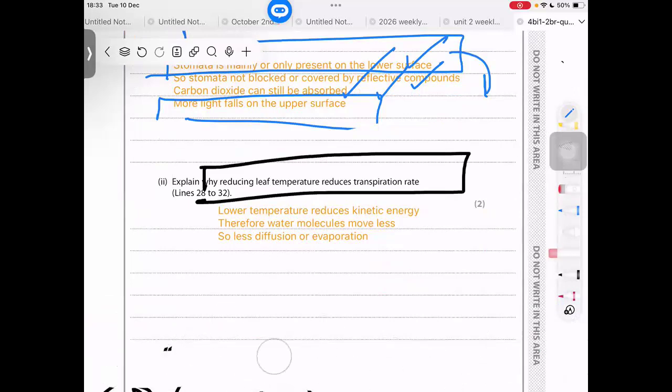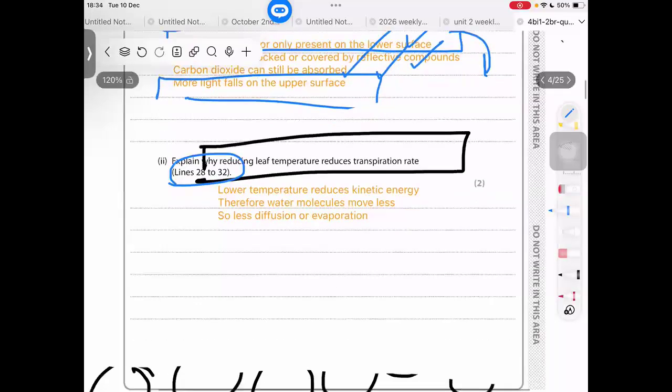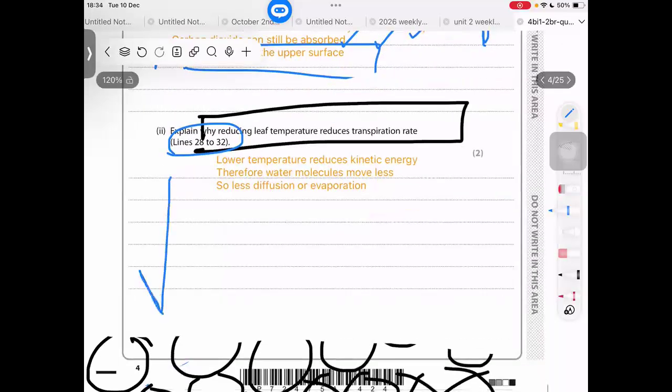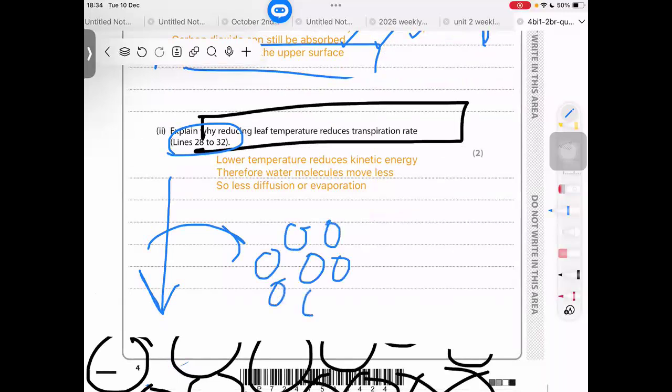So basically, even though they have said it's from lines 28 to 32, you can think of this. Now, you know, when temperature is reduced, it reduces the kinetic energy. The energy of the molecules decreases. When the temperature is increased, the molecules start to move very fast, right? But if the temperature is decreased, the molecules start moving very slowly.